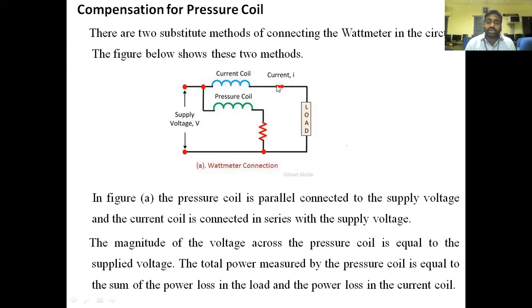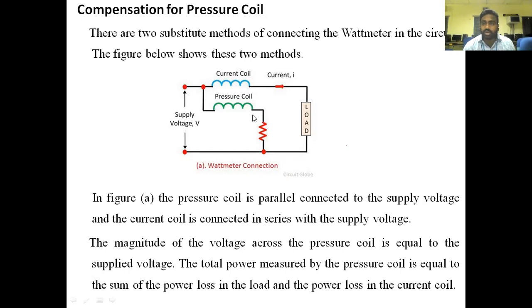The total power measured by the pressure coil is equal to the sum of the losses of the current flowing in the current coil. So this is one of the compensation mechanisms. We have to maintain this up to a certain instant such that the loss coefficients of the current coil will be eliminated.